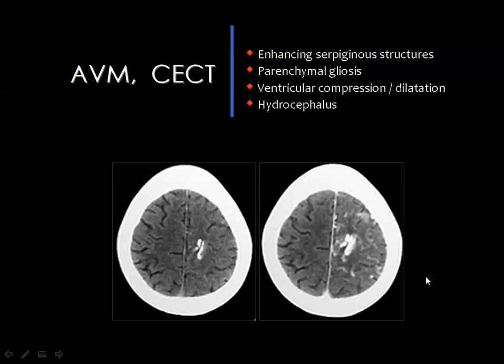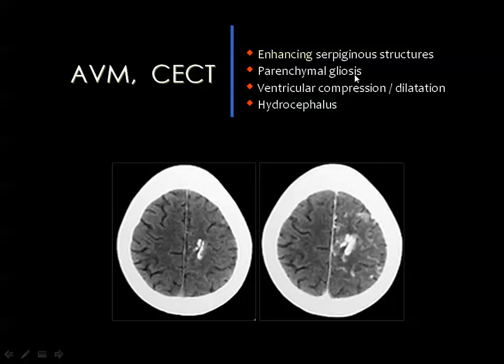But because of the shunting from the arterial side to the venous side without passing the blood through the capillaries, there will be ischemic changes in the vicinity of the arteriovenous malformation, which will present as areas of infarction or gliosis.